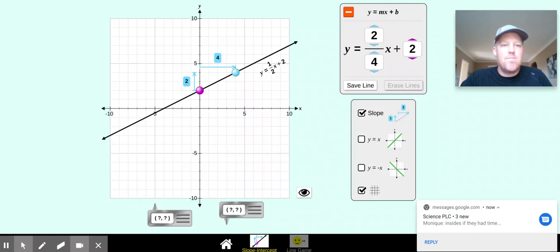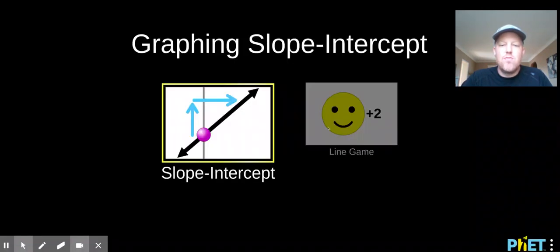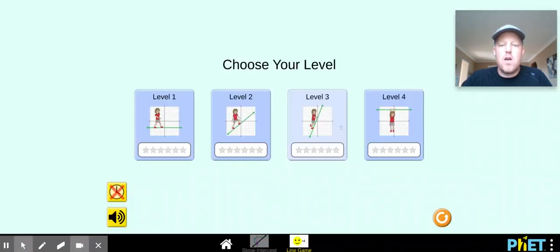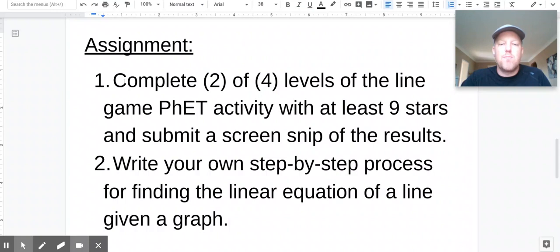And then the last thing where you're going to get some practice is you folks are going to play around with this line game. Your homework, your assignment here, is you're going to complete 2 of the 4 different levels of the line game, scoring at least 9 stars and submitting a screen snip of your results. You can retry this as many times as you want. It'll always give you some different questions.